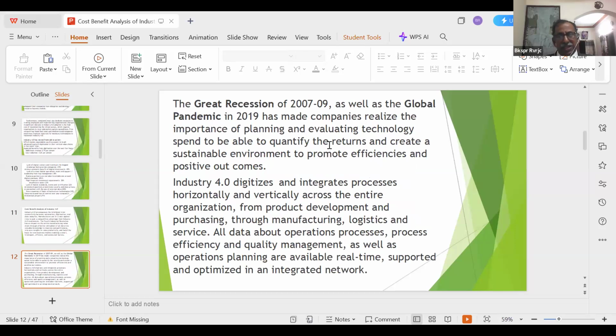Industry 4 digitizes and integrates processes horizontally and vertically across the entire organization, from product development and purchasing through manufacturing, logistics, and service. All data about operation process efficiency and quality management, as well as operations planning, are available in real time, supported, and optimized in an integrated network environment.